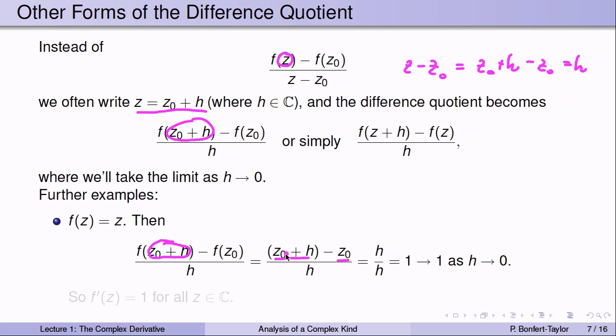We divide by h, and you see in the numerator the z0s cancel out with each other, and you're left with h over h. H over h is 1, no matter what the value of h is. And as h approaches 0, it remains 1, no matter how h approaches 0, which means this limit exists. And that means the derivative of f is equal to 1 for all z in the complex plane. So this function is differentiable everywhere with derivative 1.